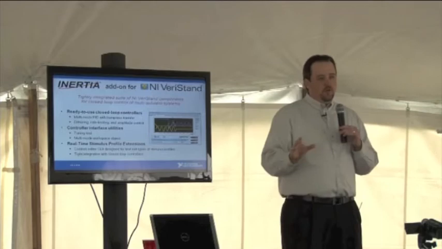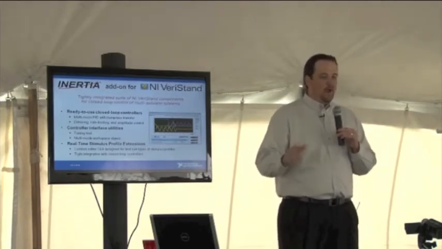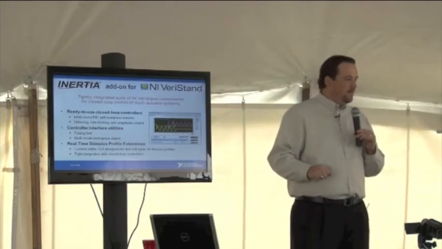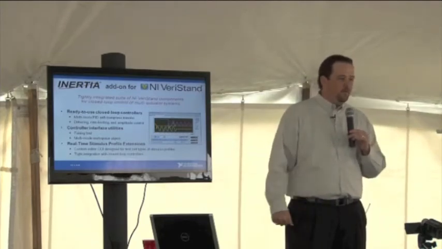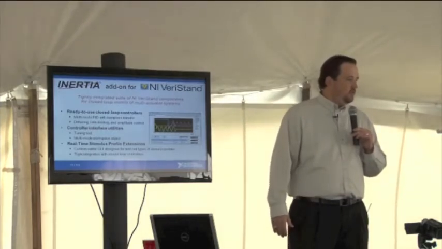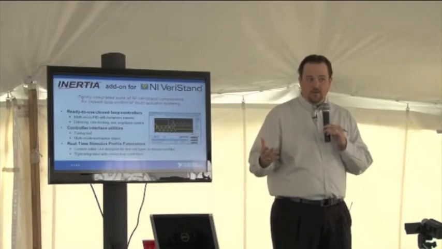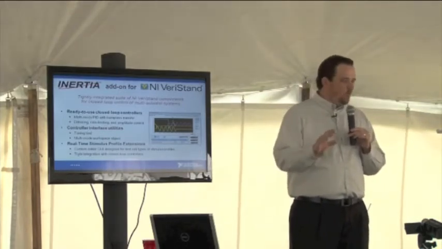Okay, so I don't know that everybody in this room is familiar with Inertia, and if you're not, I think you should be, because it's a product that's been out for quite a few years. It's owned by Wineman, and it's used to implement test systems that have multi-axis or multi-actuator control systems. And I won't go into all the details.